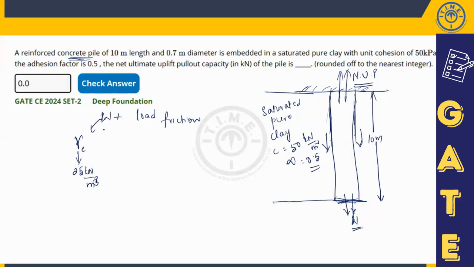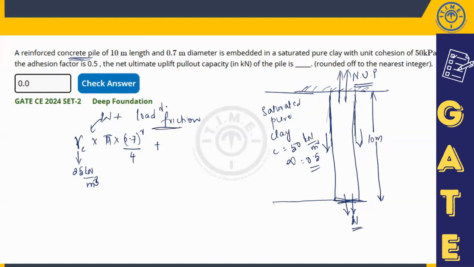This is the weight, multiplied with area, pi d square by 4, where d is the diameter 0.7, whole square by 4, into unit length. So 25 into pi into 0.7 whole square by 4, plus the load due to friction.